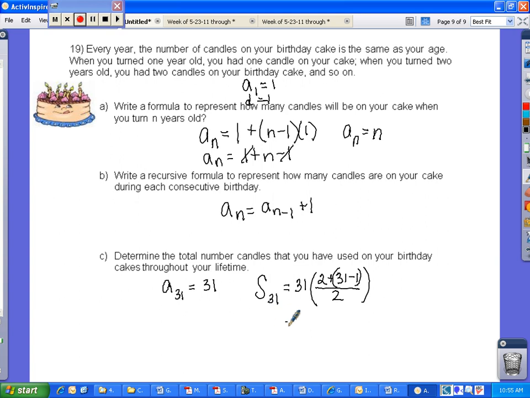So if I simplify this, I'm going to get 31 times 2 plus 30, which is 32 over 2. And 32 over 2 is 16. And 16 times 31 is 496 candles. So if I had a candle on my cake every year, I would have blown out a total of 496 candles throughout my lifetime. All right.